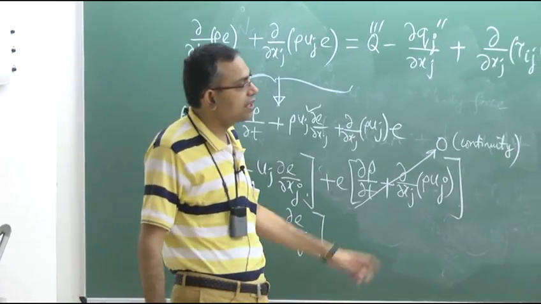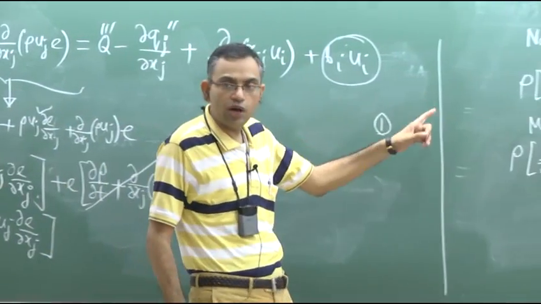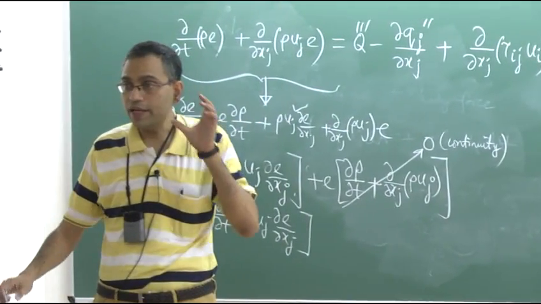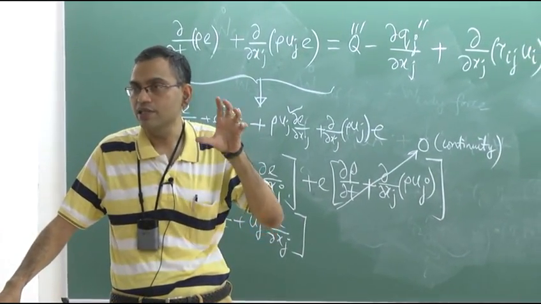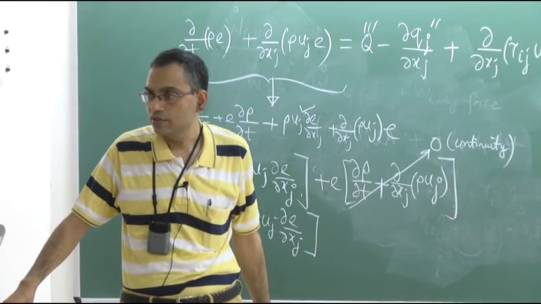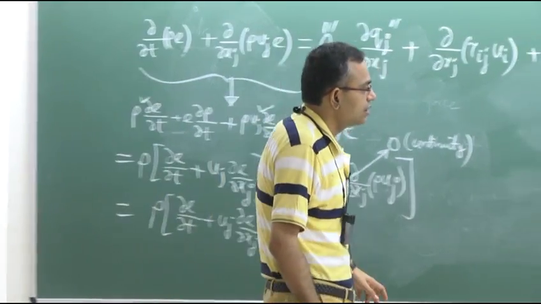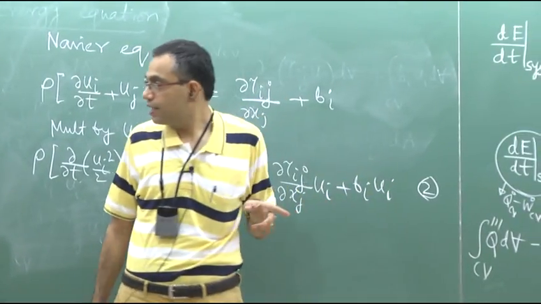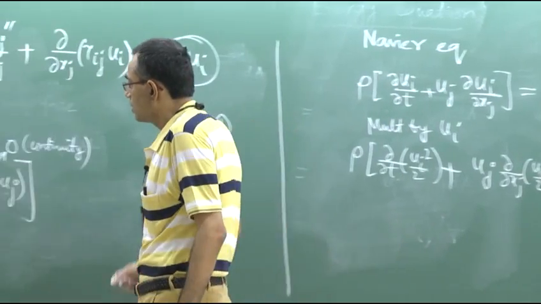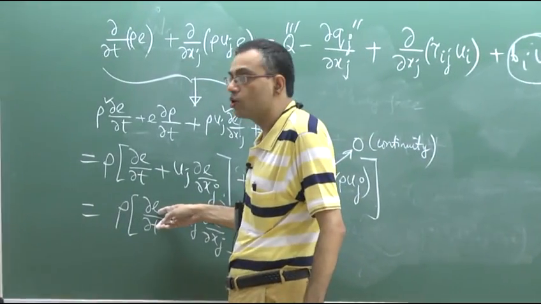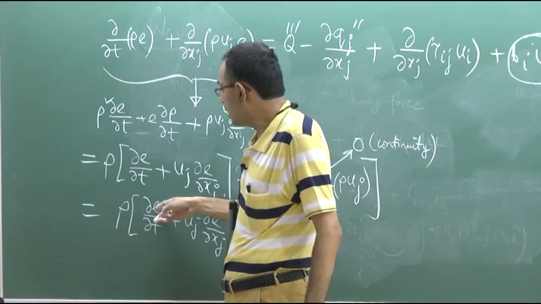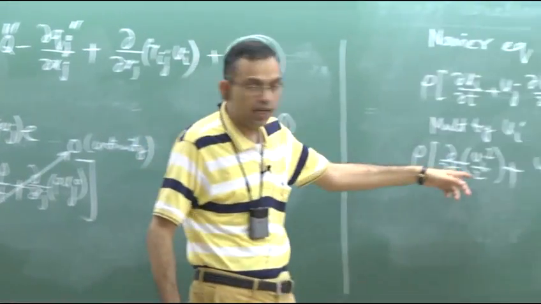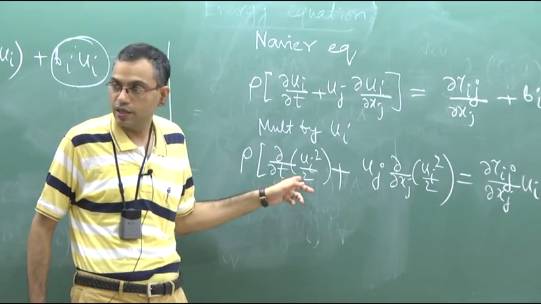Now if you subtract equation number 2 from equation number 1, you will get an equation that governs the change in internal energy only, because this is kinetic, this contribution is due to potential, and when you subtract, E includes internal and kinetic. So internal and kinetic minus kinetic will become only internal.